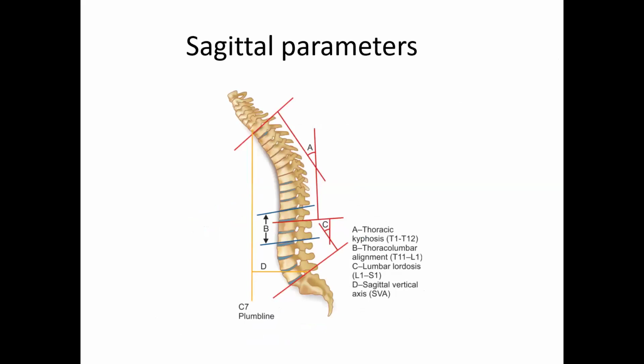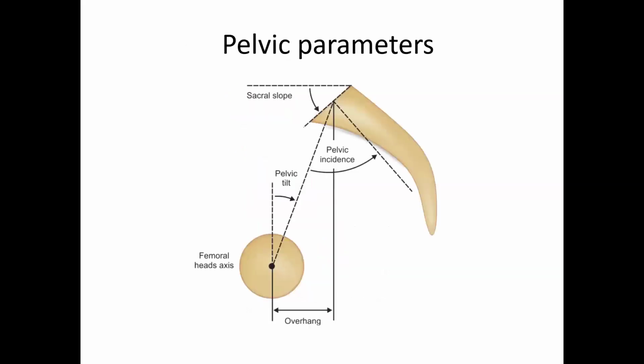In the sagittal plane, the parameters we have to observe are the sagittal vertical axis, that is the distance between the superior end plate and the C7 plumb line, and lumbar lordosis and pelvic incidence should be noted. Pelvic parameters like pelvic tilt and sacral slope should be considered.